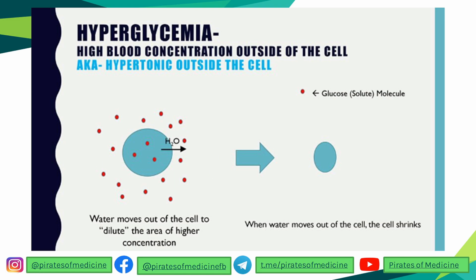To maintain equilibrium, because the ultimate goal of our whole body is to maintain homeostasis, water will come out of the cell into the extracellular fluid so that it dilutes the area of higher concentration of glucose. So this will lead to cell shrinking or cell dehydration.